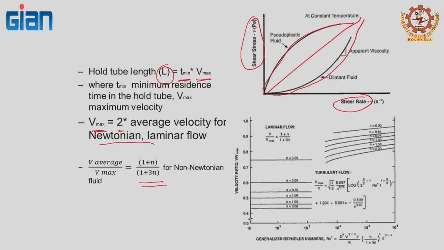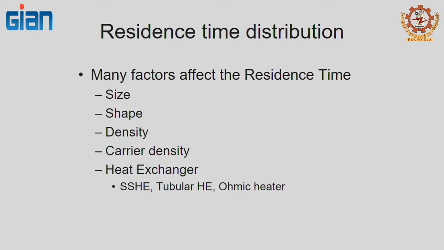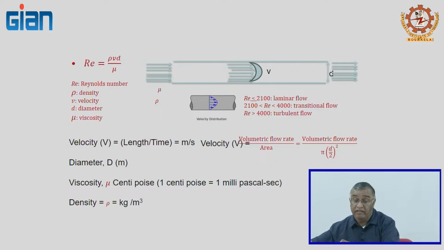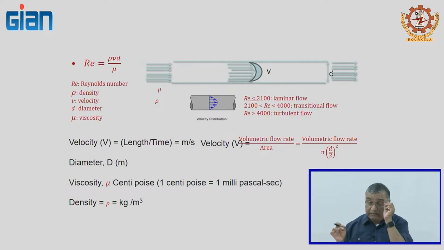For the purpose of this class, I am going to skip all the details, but if you are interested, there are a lot of books available where you can get into the details. The residence time is also affected by the size, shape, density, heat exchangers and so on. So, you have to consider some of those things. And another thing you need to also consider is the Reynolds number.